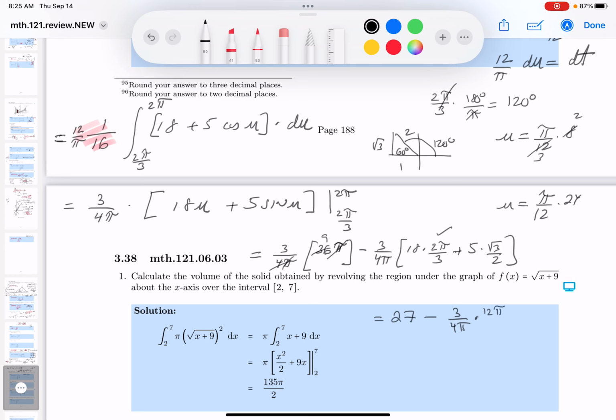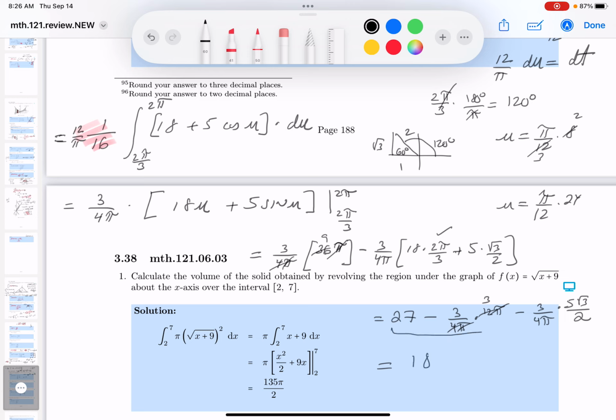Then minus 3 over 4 pi times 5 root 3 over 2. The pi's cancel, 4 goes into 12 3 times, and 3 times 3 is 9. 27 minus 9 is going to be 18.